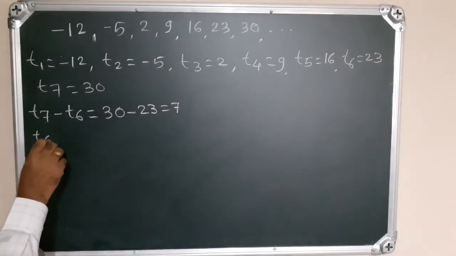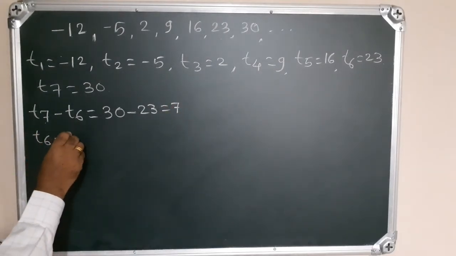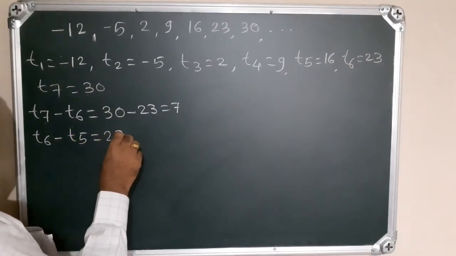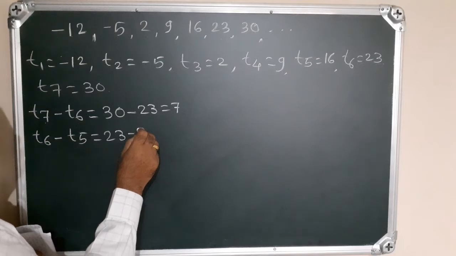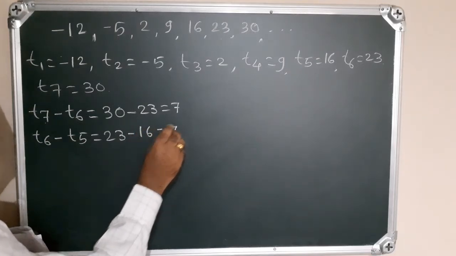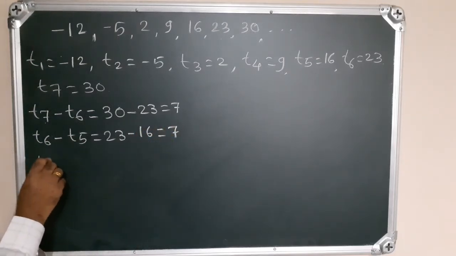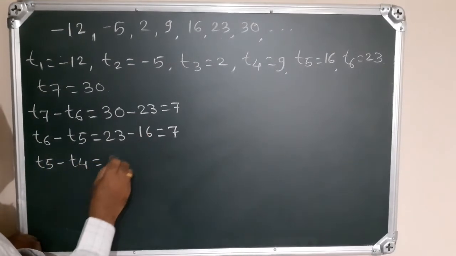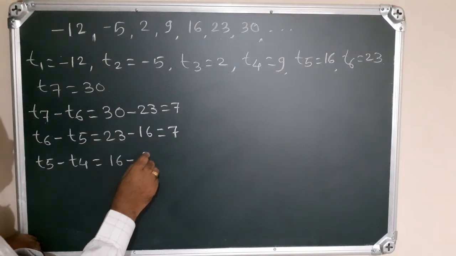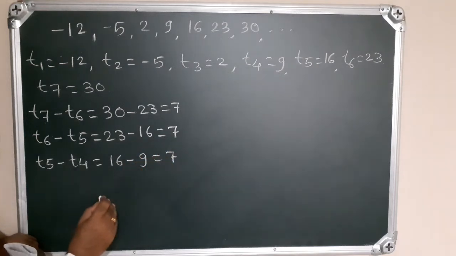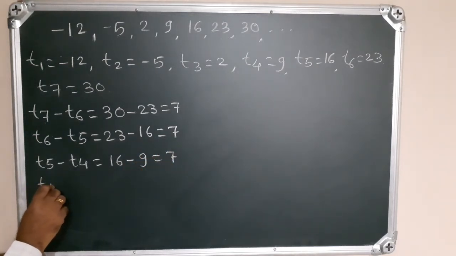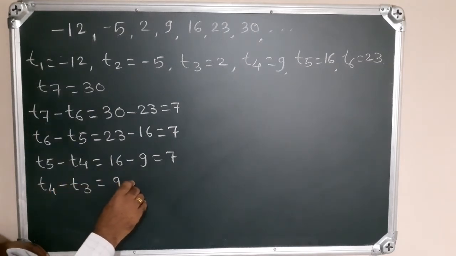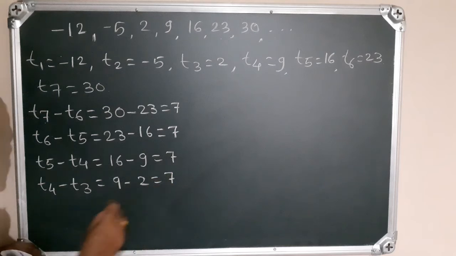T6 minus T5 is 23 minus 16, which is 7. T5 minus T4 is 16 minus 9, which is also 7. T4 minus T3 is 9 minus 2, which is also 7.